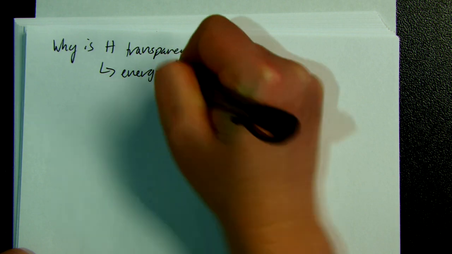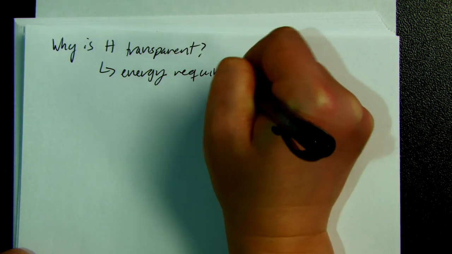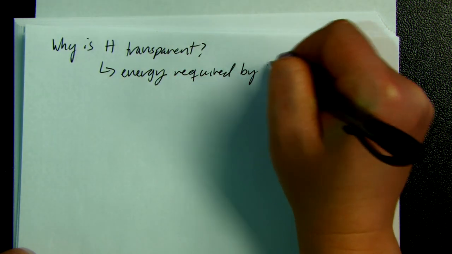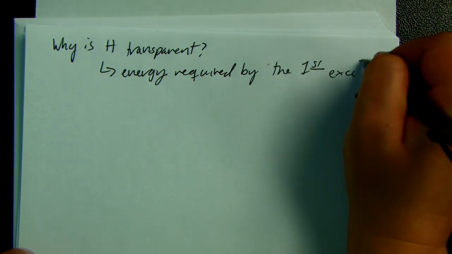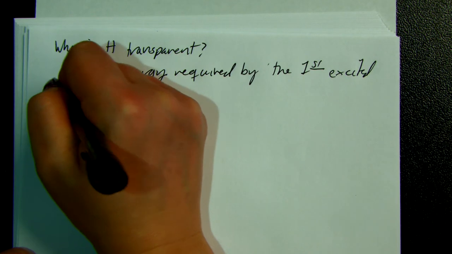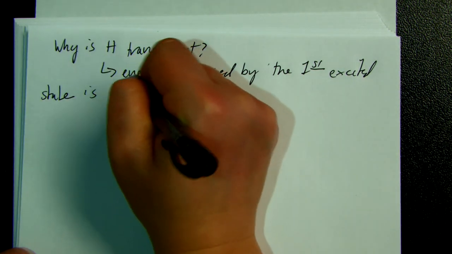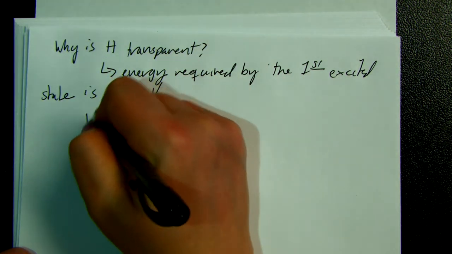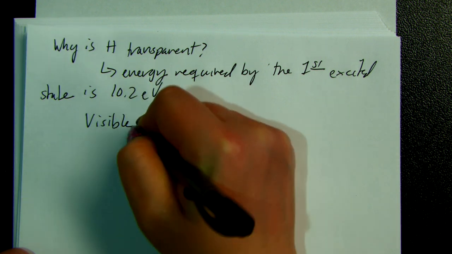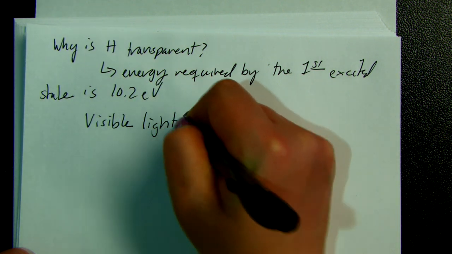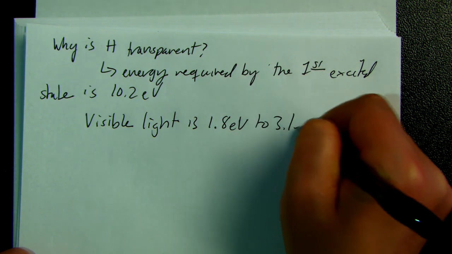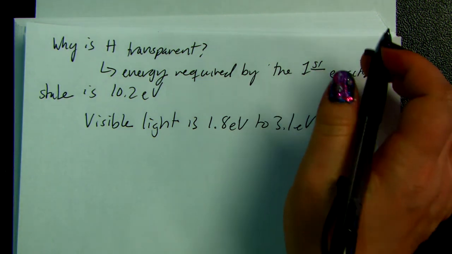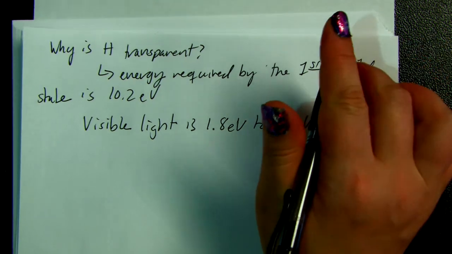And so the energy required for the first excited state is 10.2 eV. And remember, we only see light from 1.8 eV to 3.1 eV. So we actually can't see those wavelengths of light with our own eyes.